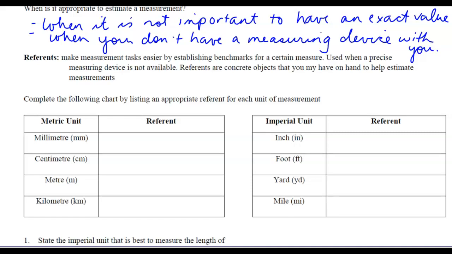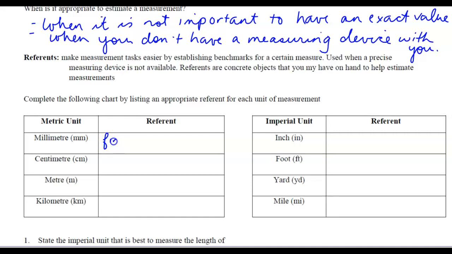So for a millimeter, think about a ruler, a millimeter is 1 marking on that. So it's a pretty thin measurement. Some people say a piece of paper. A piece of paper is actually a little thin, so maybe a piece of cardboard or cardstock. Maybe some people's fingernail actually is one as well. So there are a few that you could choose.